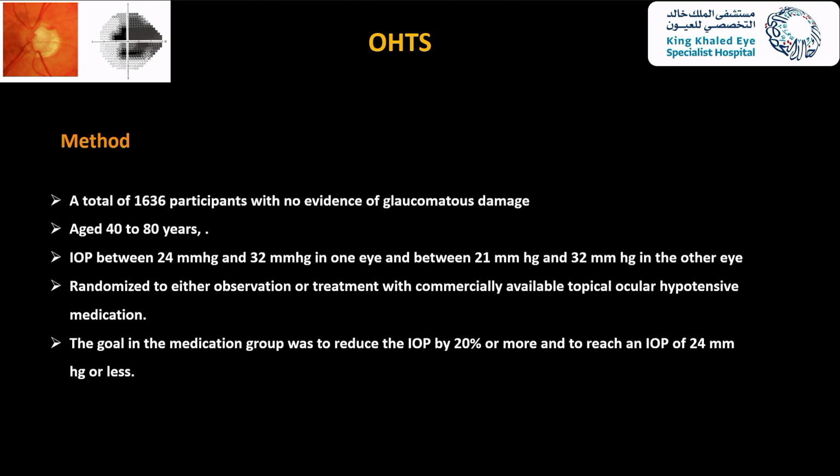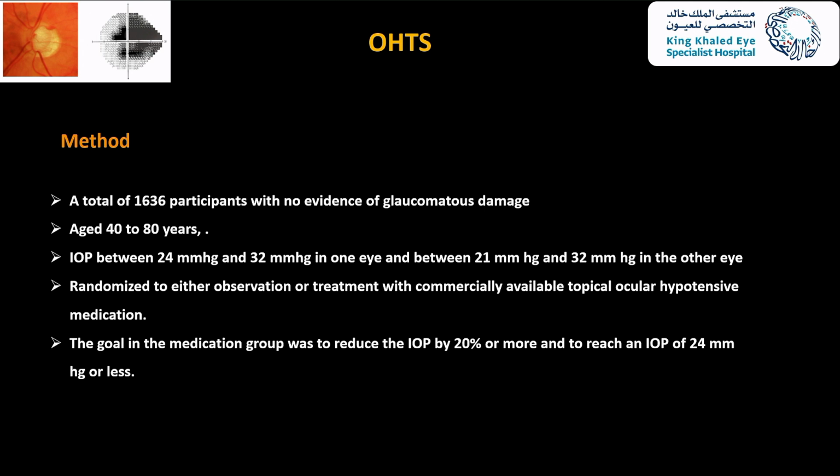In the main study and the study after this one, they had a total of almost 1,600 patients with no evidence of glaucoma, all aged 40 to 80, with IOP between 24 or let's say 21 to 32 in one eye, and the right eye should be higher than the other one.